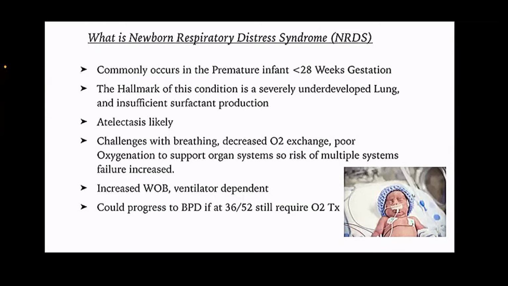So it predisposes them to a high risk of multiple system failures. Also, work of breathing is increased and they will more often than not become ventilator dependent. Having the RDS or NRDS could also progress to bronchopulmonary dysplasia if at 36 weeks the neonate still requires oxygen therapy.